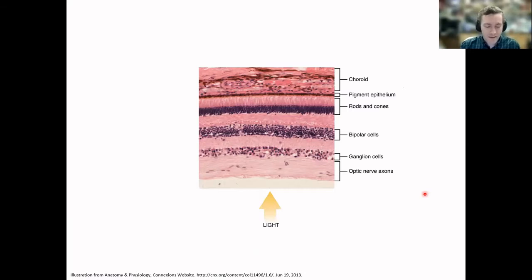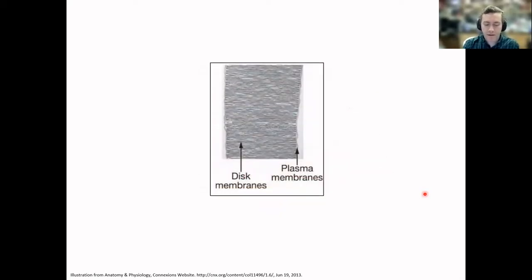So biochemical conversion of light to electrical signals begins in the back of the eye in the retina, more specifically cells called photoreceptors, and in their outer segments. Photoreceptors depend on distinct membrane compartments to support their specialized function, namely rod outer segment discs, or ROS discs, as you can see here in this EM image.